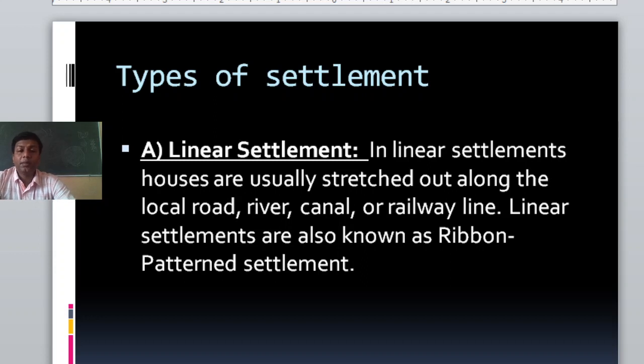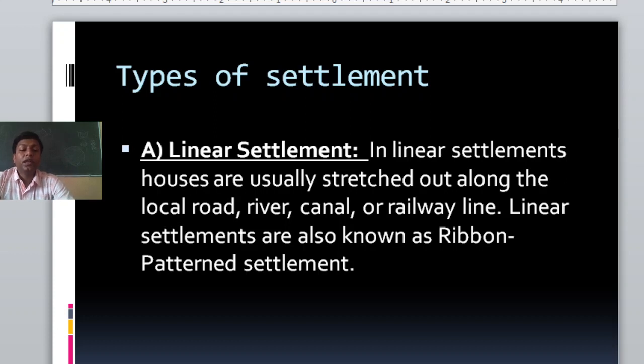In a linear settlement, houses are usually stretched out along local roads, rivers, canals, or railway lines. As you know, linear means a line, like a linear equation, a straight line.